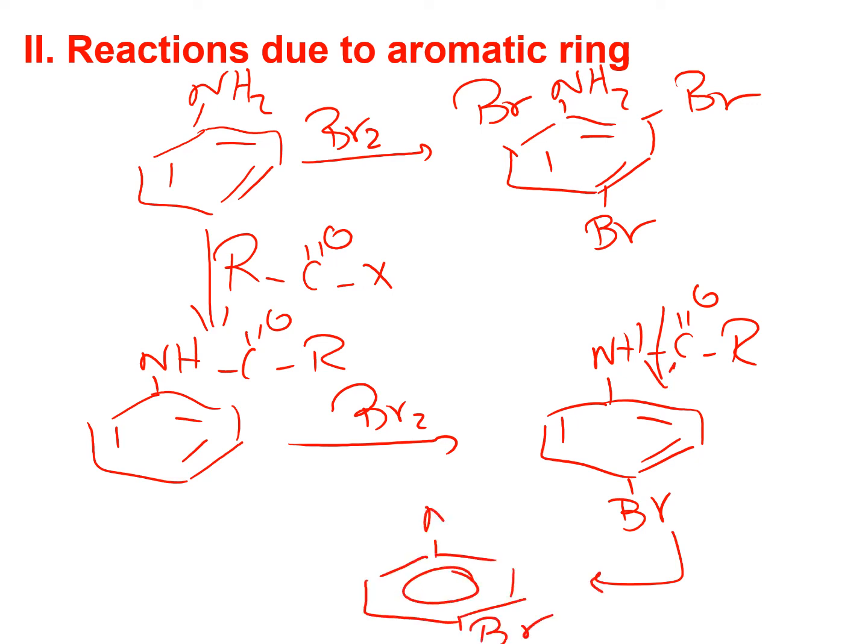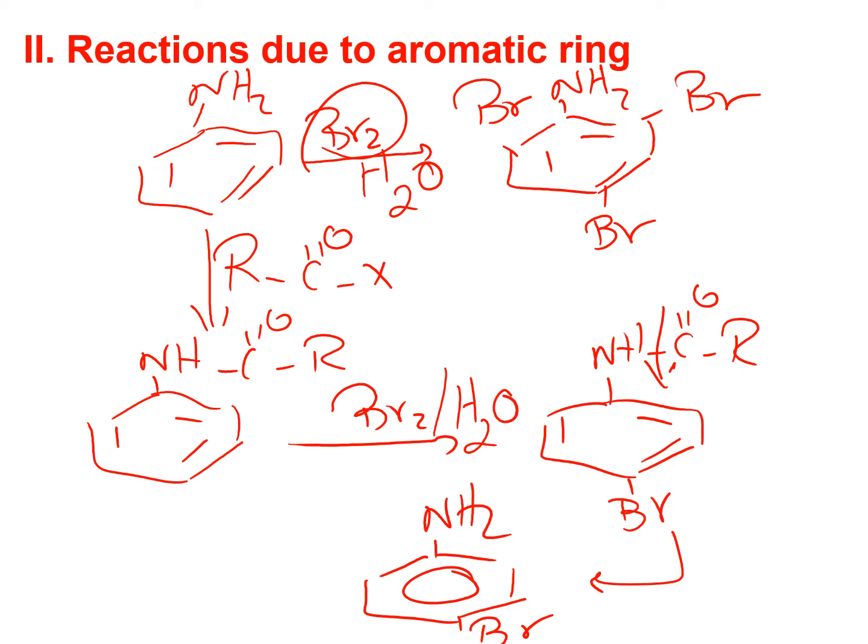Just one nota bene here, when halogenating, you cannot use a Lewis acid like aluminium bromide. It will be destroyed by the lone pair of electrons of the amino group. So what do we use? We use just bromine water, bromine in water, and you will end up with your product.